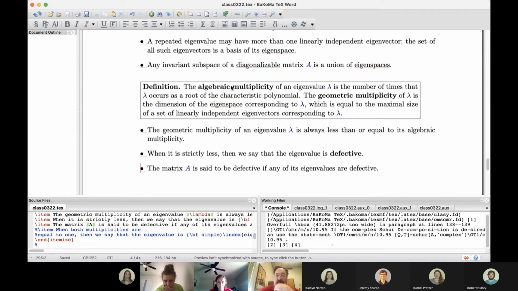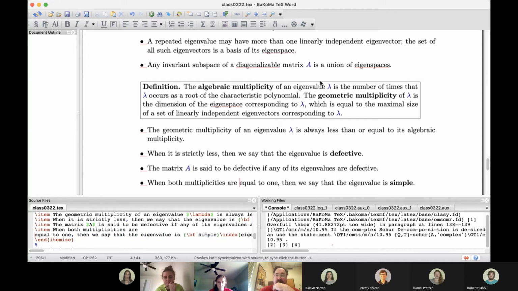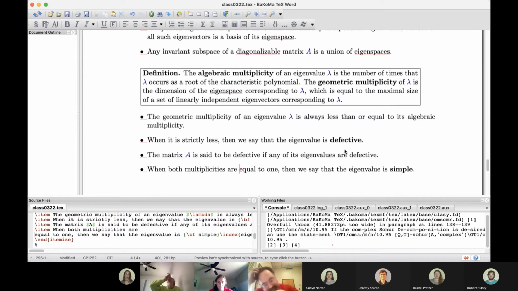If the algebraic multiplicity is only 1, then geometric is also 1, and we call that a simple eigenvalue. From a numerical standpoint, we like simple eigenvalues. It's the repeated eigenvalues that can pose problems for numerical methods.